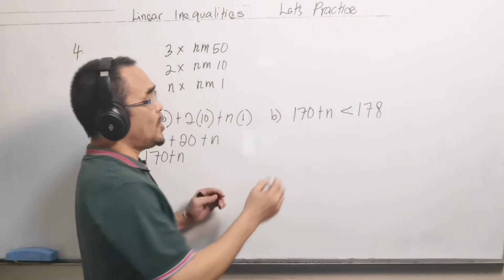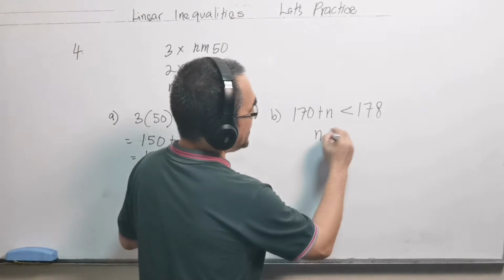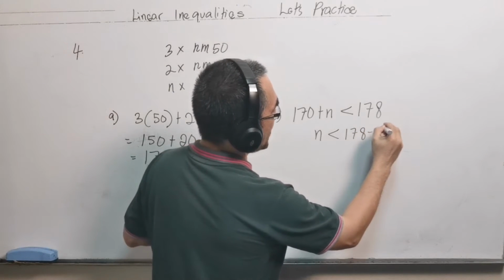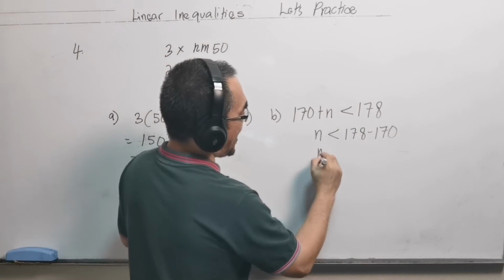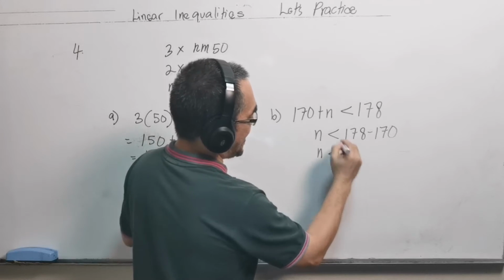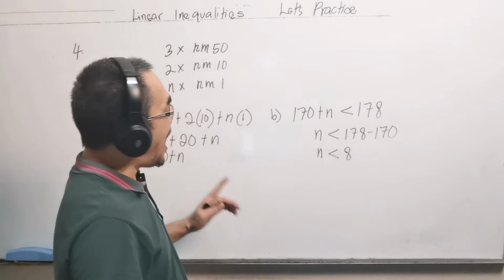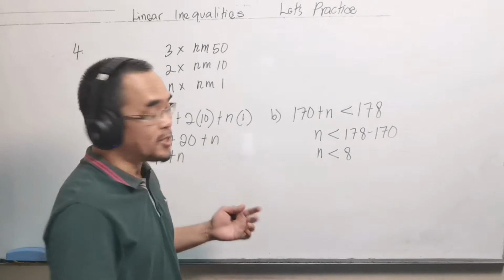Okay. So N will be less than 178 minus 170, where N is less than 8. So they want you to tell us which values are possible.